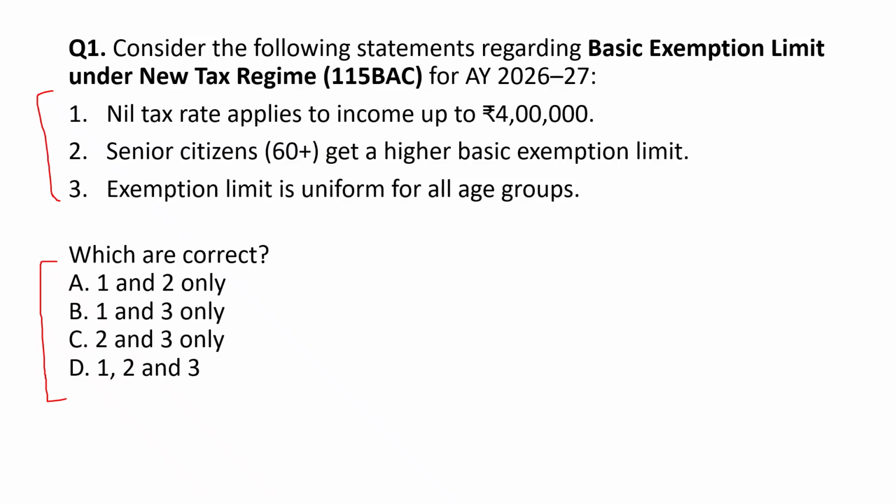Statement 3, exemption limit is uniform for all age groups. यहाँ पर आप देख सकते हैं statement 1 is correct, statement 3 is correct, but statement 2 is incorrect. So that means out of the given options, option B is correct.